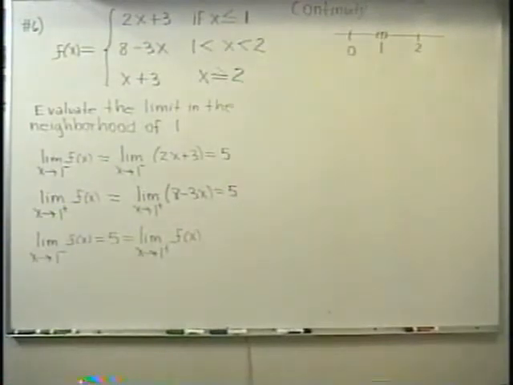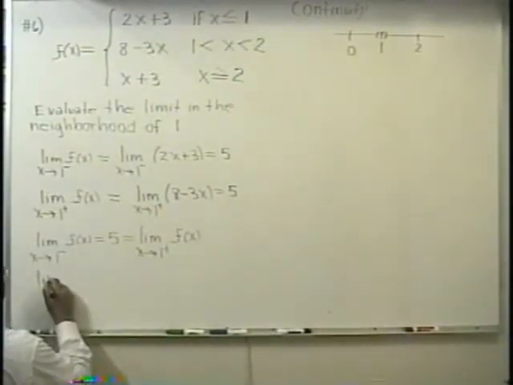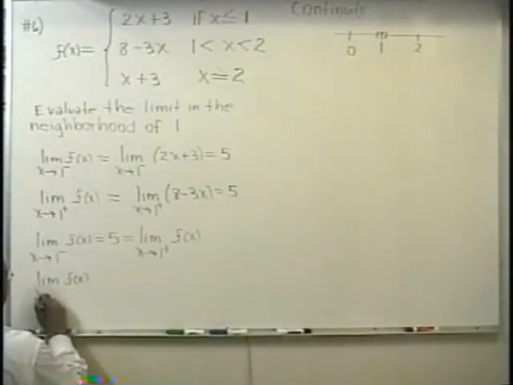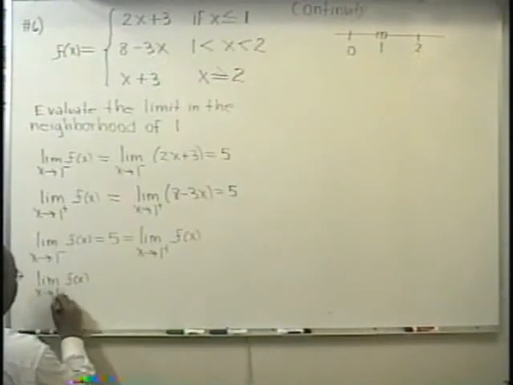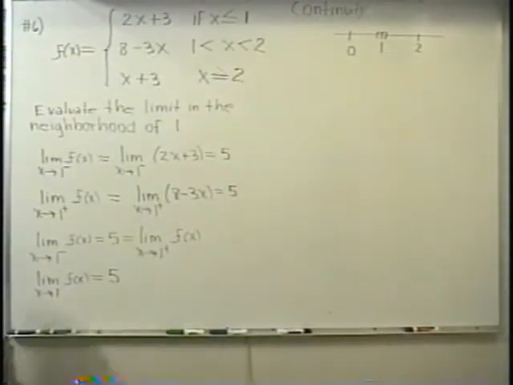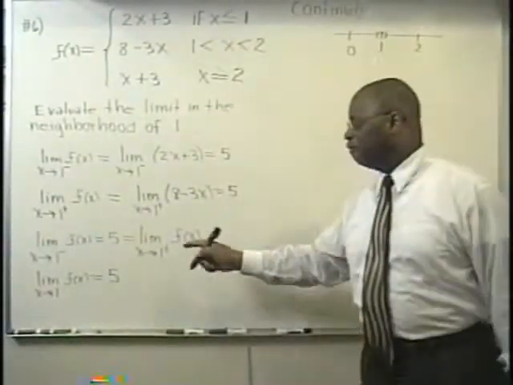So now we know that at x equals 1, the limit of f of x as x approaches 1, that is equal to 5. So the limit exists at that point. So it is continuous at that value of 1.